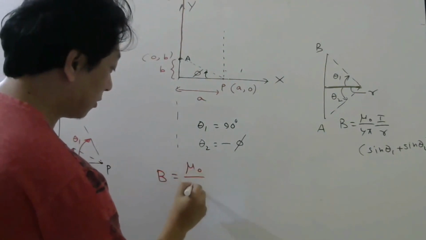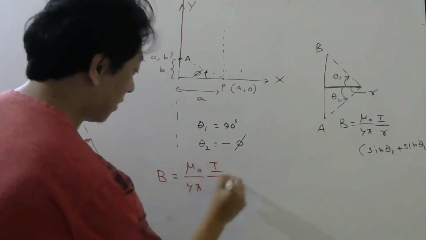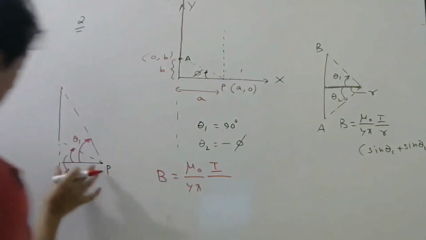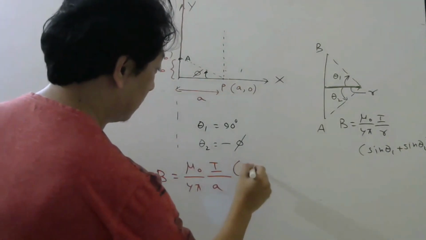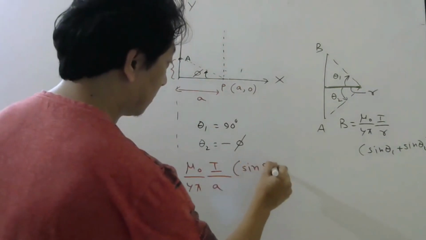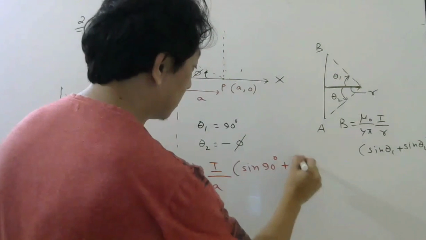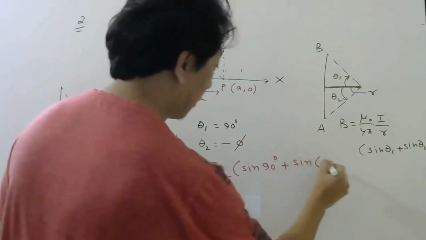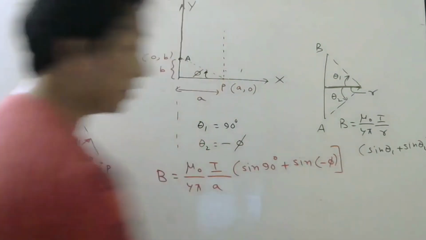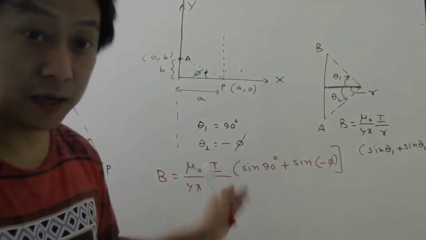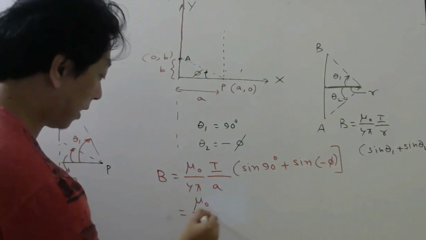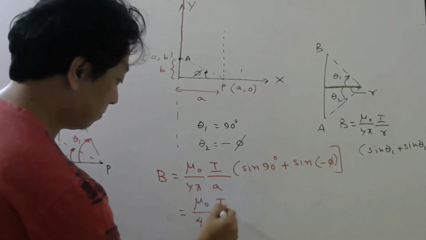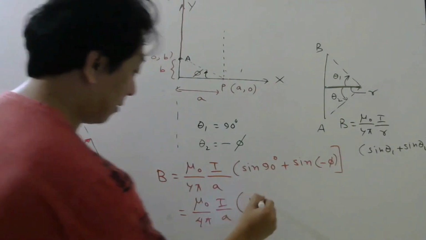Mu naught by 4 pi, I divided by R, meaning this distance, so here it is A, sine theta 1 is 90 degrees plus sine theta 2 is minus phi. Sine of minus phi is minus sine phi. So this will be mu naught by 4 pi, I by A, 1 minus sine phi.